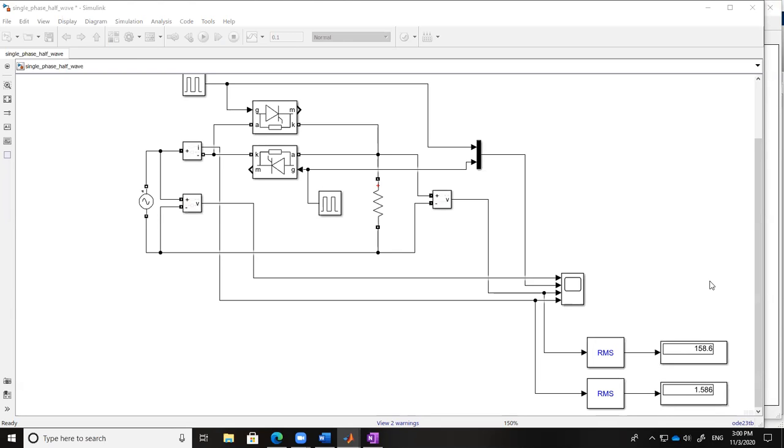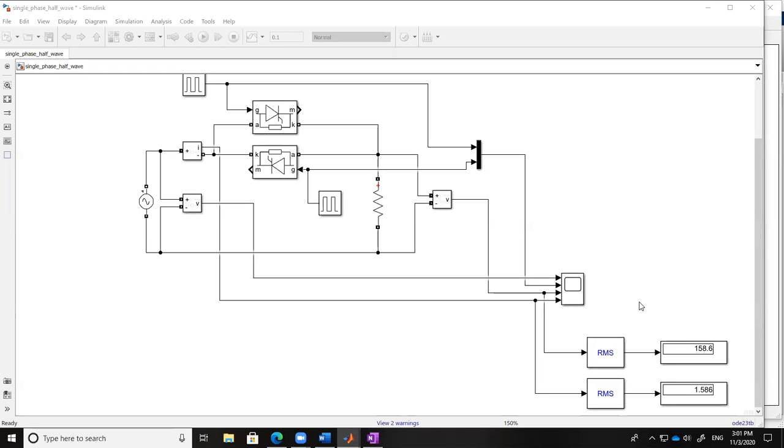In diode rectifiers the output voltage will be constant. You cannot control it, and that is why diode rectifiers are also known as uncontrolled rectifiers. Whereas in a controlled rectifier, you have complete control over the output voltage.